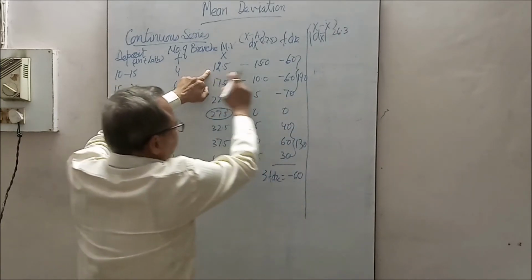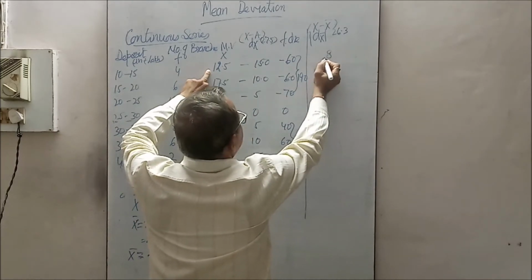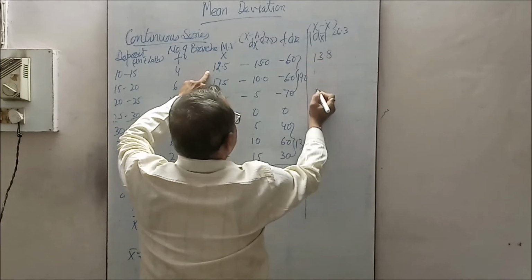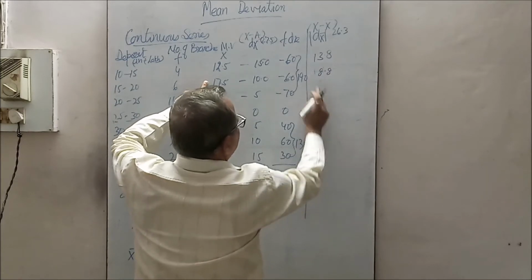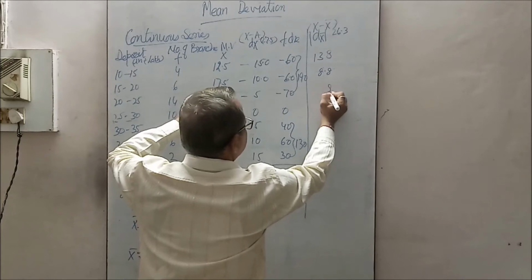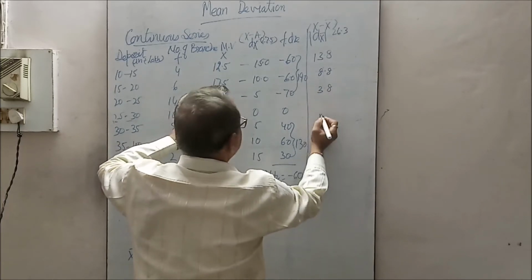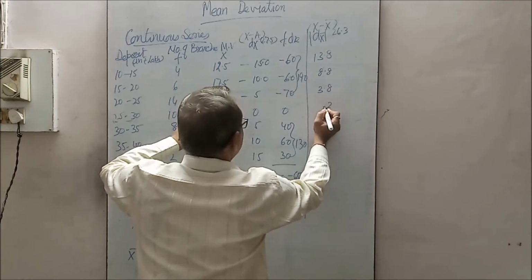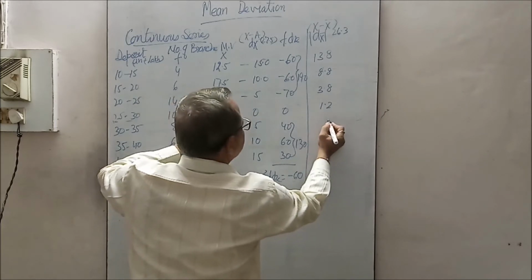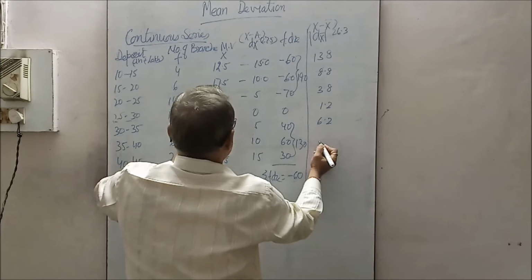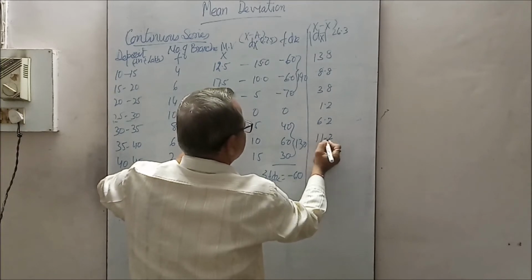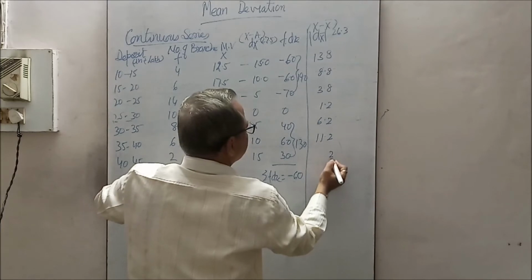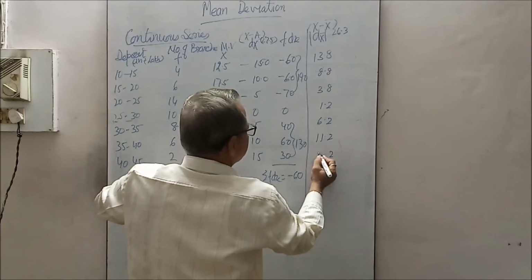Ignore algebraic sign: 13.8, 8.8, 3.8, 1.2, 6.2, 11.2, 16.2.